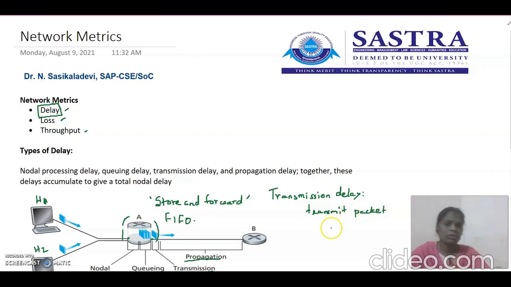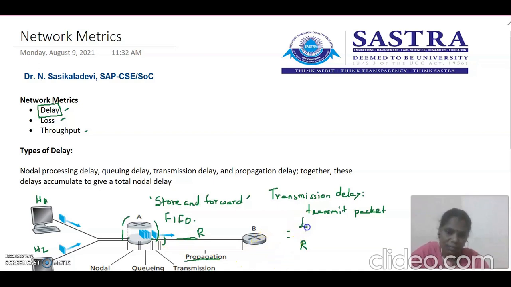This is based on two factors. For the packet to be injected onto this link, the capacity of the link matters. Let us assume the capacity of the link is R. The size of the packet also matters: a larger packet requires more time, a smaller packet takes less time.